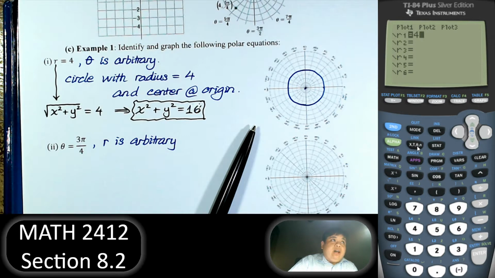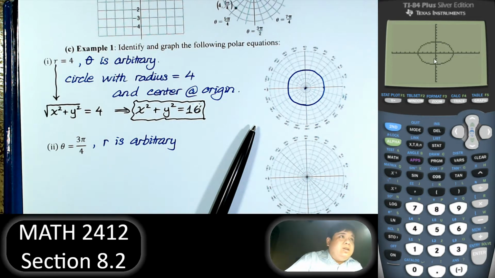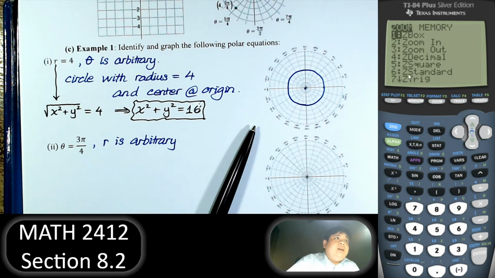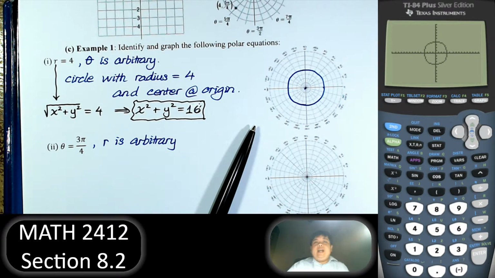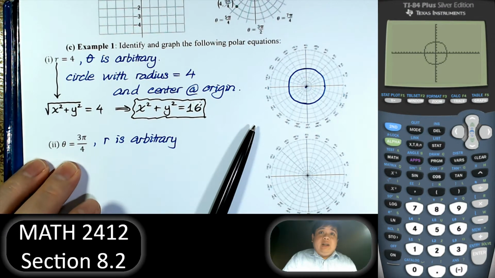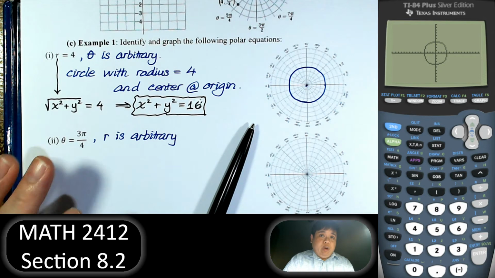If we want theta, this will be theta. Then let's look at the graph. It is not quite a circle because the x and y axes do not have the same scale. So if you want the same scale, hit zoom, number 5, zoom square. There, the circle.